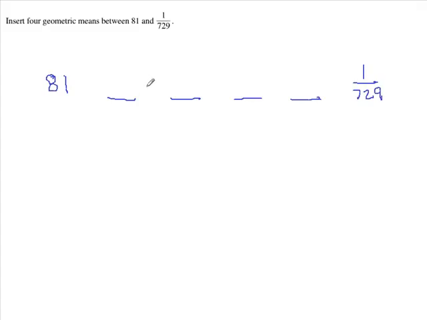When we've looked at geometric sequences, we know that you're starting with this number and you're multiplying by the same amount every time you advance by one step. And we usually call that amount r. So we multiply by r to get to there, and we multiply by r again, and again, and again, and one last time, and that gets us to 1 over 729.